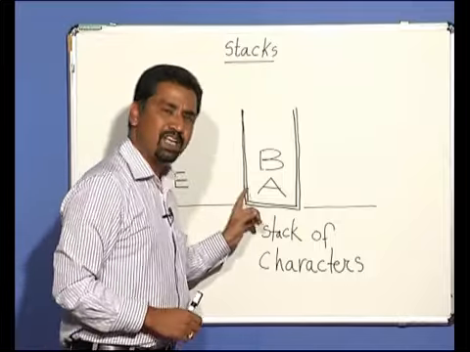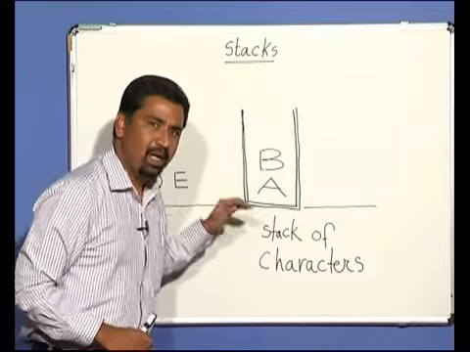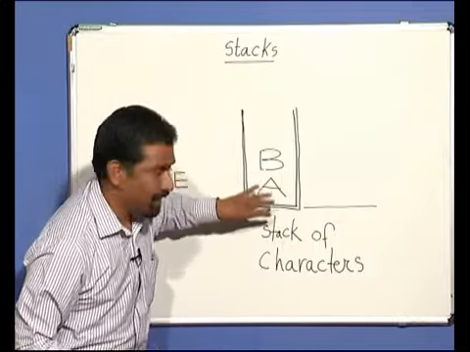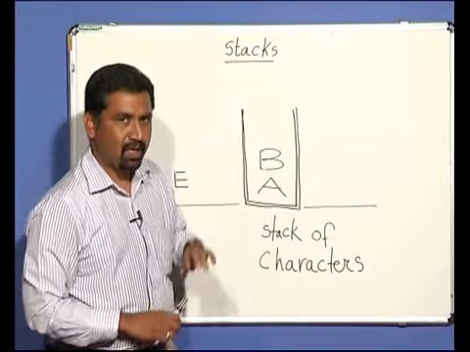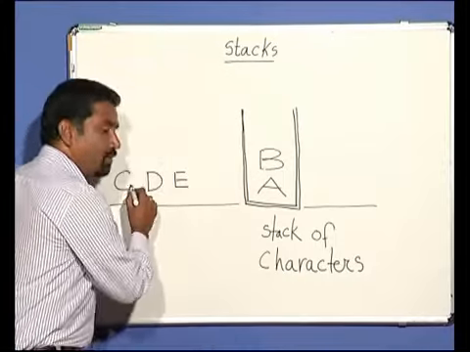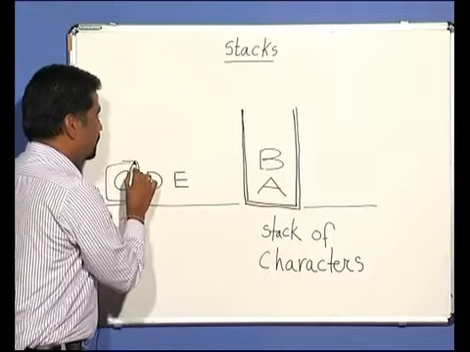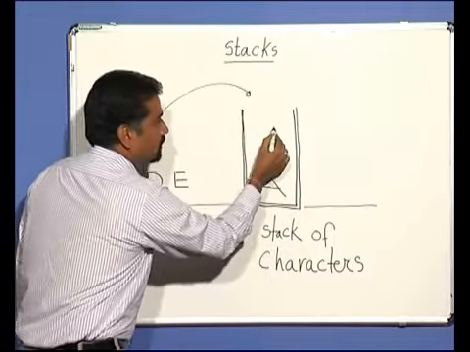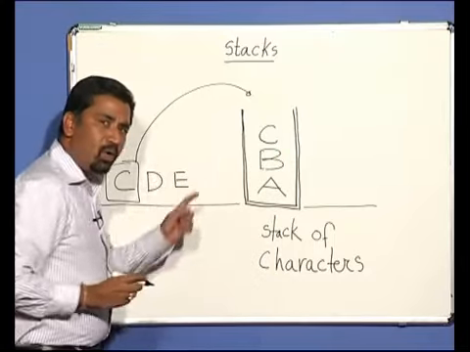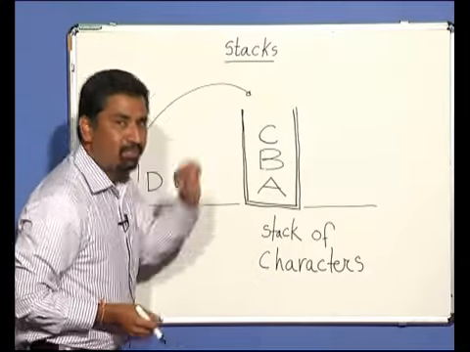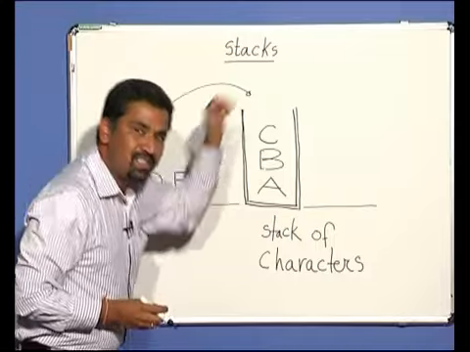In the same way, I have a stack of characters here, meaning I have one character, and above that I have another character. Now if I put one more character into this jar, if I want to put C into this, C will come here. Notice that C is at the top of the jar, or top of the stack.